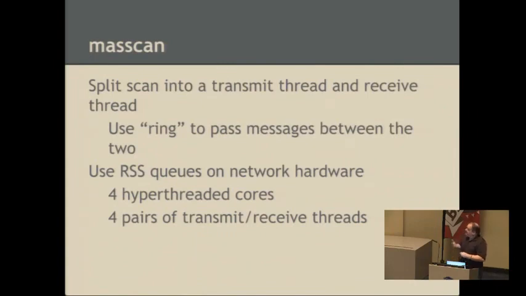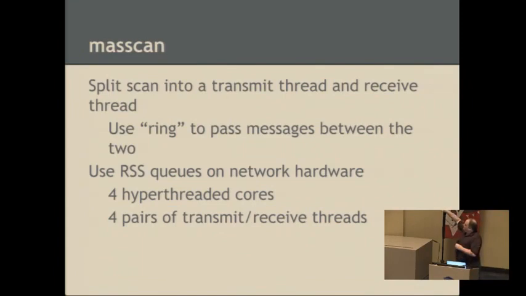So here's what my scanner does: the transmit threads are separate from the receive threads. That's sort of the asynchronous design. But when I grab a banner, I use TCP, I send a SYN, they send me back a SYN ACK, and in the receive thread, I need to send an ACK back in the transmit thread. Well, how do I get that ACK being sent? I just use a ring buffer between them. So that becomes the design. I have a pair of threads, a transmit and receive thread, that are paired together.